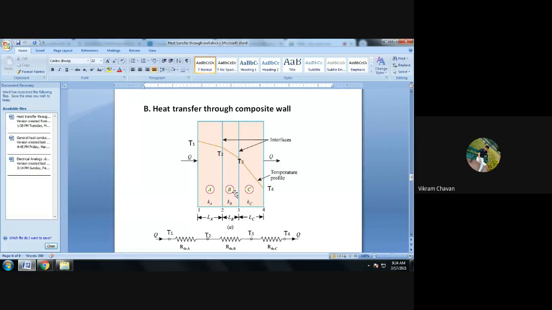To avoid this heat transfer from the inside surface of a furnace to the outside environment, we need to provide insulation to the base material of the furnace. If A is the base material of the furnace, then B is the insulation provided on it, and C is the second insulation on the base material.